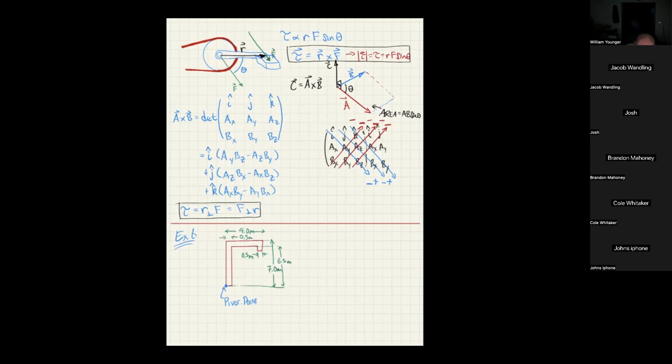All right. So now let's imagine that I have a force acting right here. F1 equals 10.0 newtons. Let's say I also have another force.